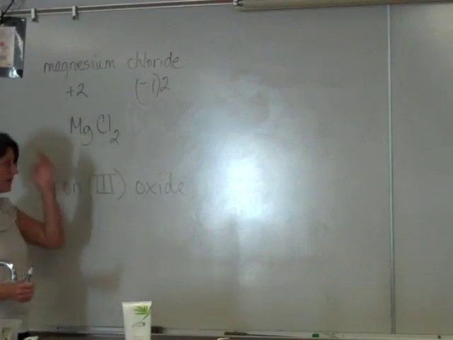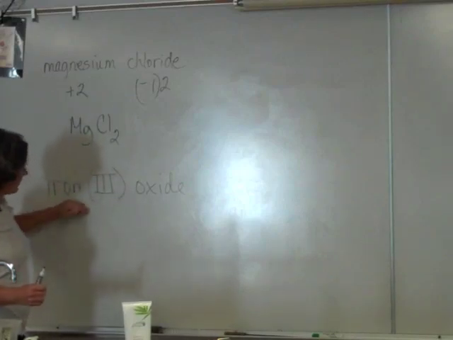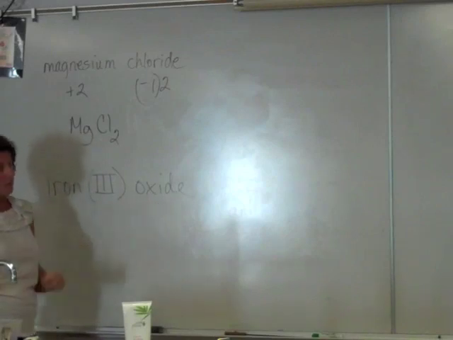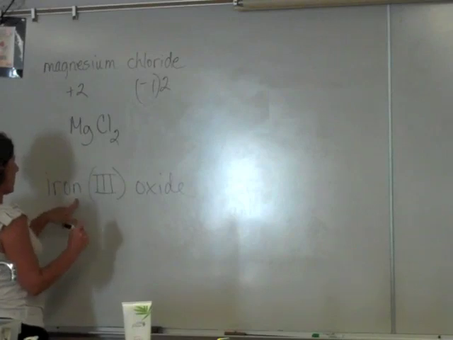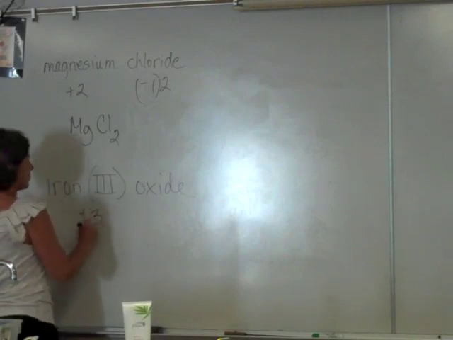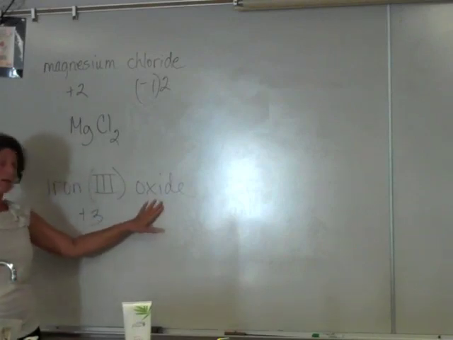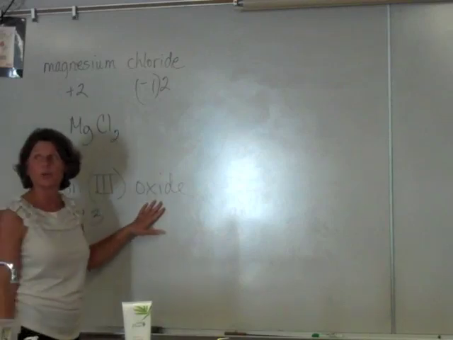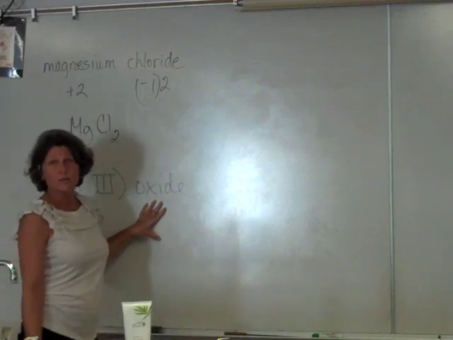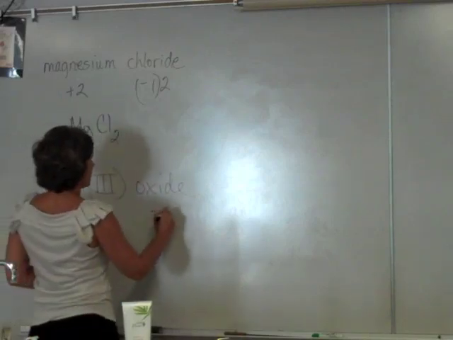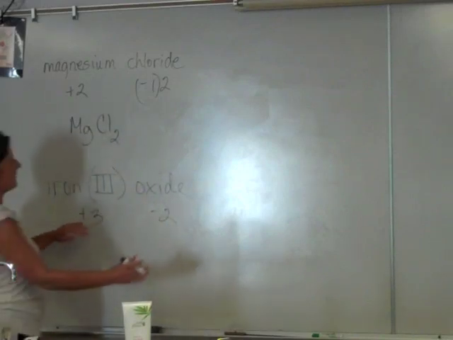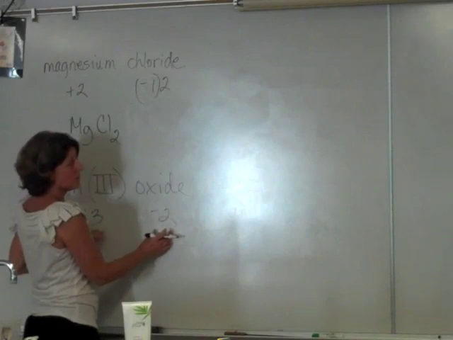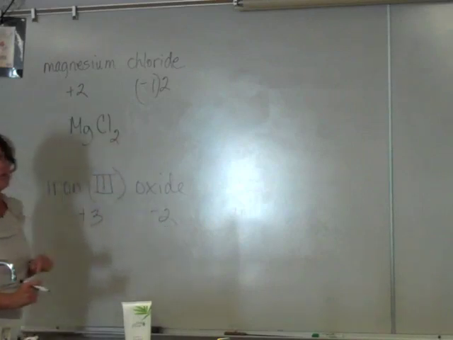I'm going to do all ionics first. Metal, non-metal, it has to be electrically balanced. So iron(III) has a positive 3 charge. Oxide, oxygen is in group 6 on the periodic table, it's got a negative 2 charge. They have to be equal.